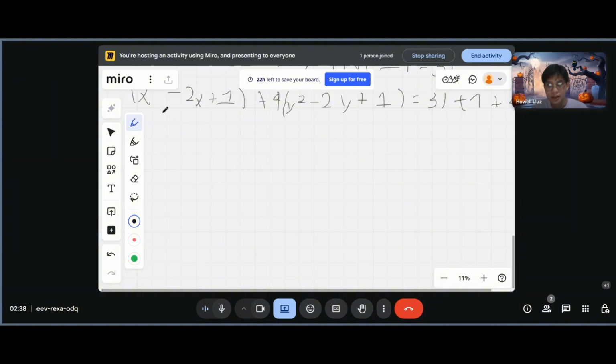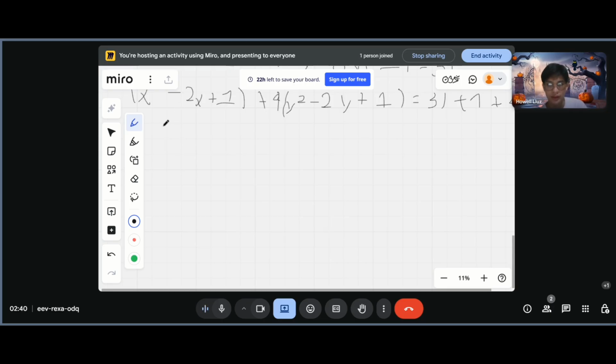So as we can see it is already in squared form, so here x² minus 2x plus 1.